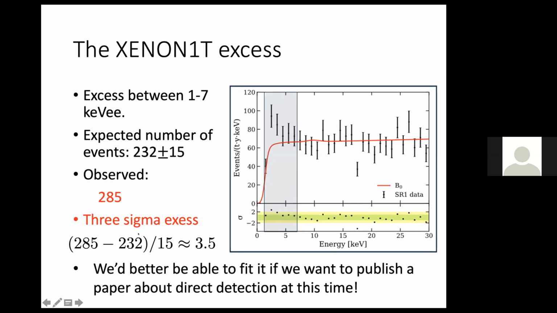A very simple calculation shows it is about 3.5 sigma away from the expected background. So there's an excess, and because we are studying this scenario, it is just in the range to fit the signal. So it must be able to fit it, so that we can publish a paper, right?